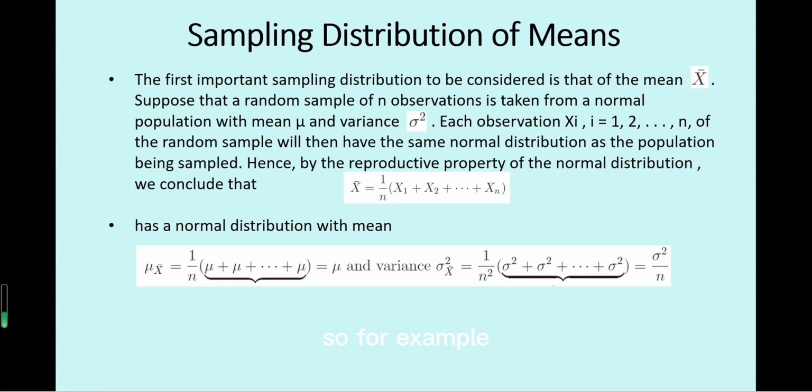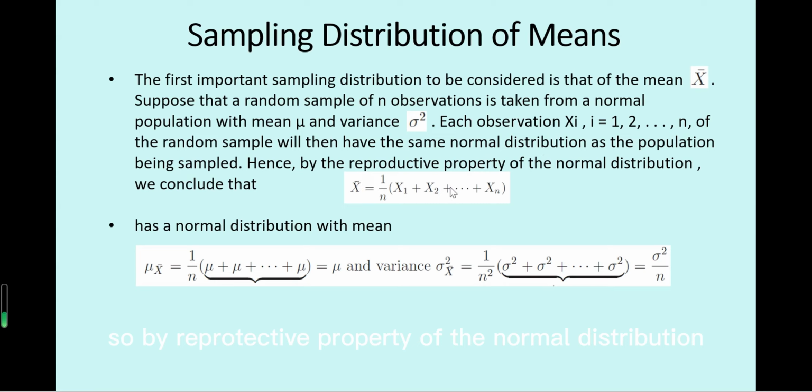So, for example, if we want to estimate the population mean, and we take several observations from a normal distribution with mean mu and variance sigma square. The important thing of this distribution is the sampling distribution of x bar, which is the average of xi, i from 1, 2, 3, 4 to n.